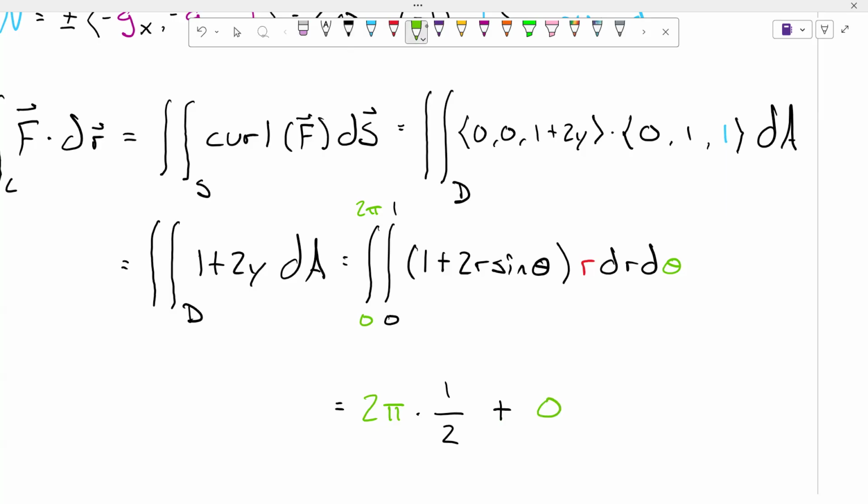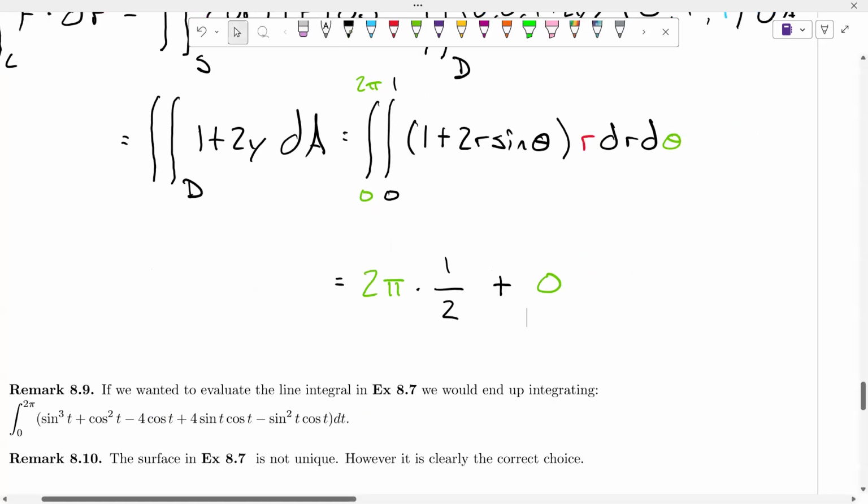So I don't even need to worry about the r part. I know that bit is going to be 0. And I just get pi. And since I'm effectively splitting this thing up into the integral of 1 dA plus 2r sine theta r dr d theta, and again, that sine theta part will be 0.